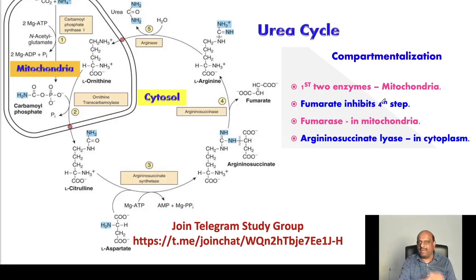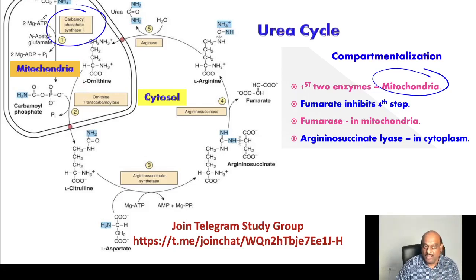Gotcha? That's great. So finally you should know the beautiful compartmentalization created by the Almighty. The first 2 enzymes are there in the mitochondria. What are the first 2 enzymes? Carbamoyl phosphate synthase 1, ornithine transcarbamylase, they are there in mitochondria.